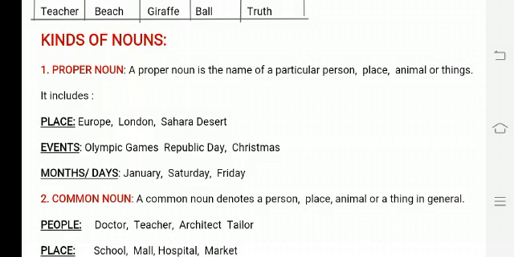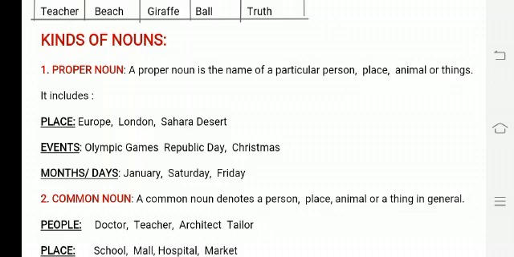Here, you have specified the month. So, it's a proper noun. So the names of months and days of the week also come under proper noun. For example, January, Saturday, Friday, etc.